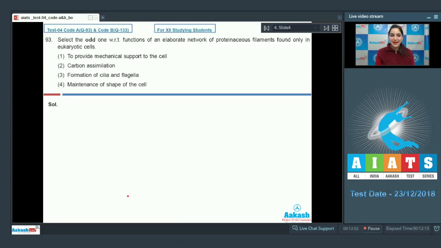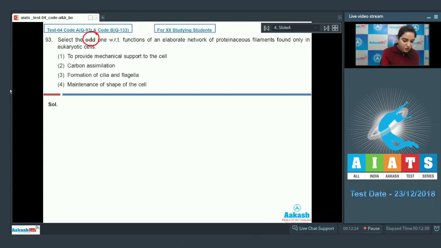So here we have question number 93. The question says, select the odd one out with respect to the functions of an elaborate network of proteinaceous filaments found only in eukaryotic cells. Now, here we see an interesting hint given to us.